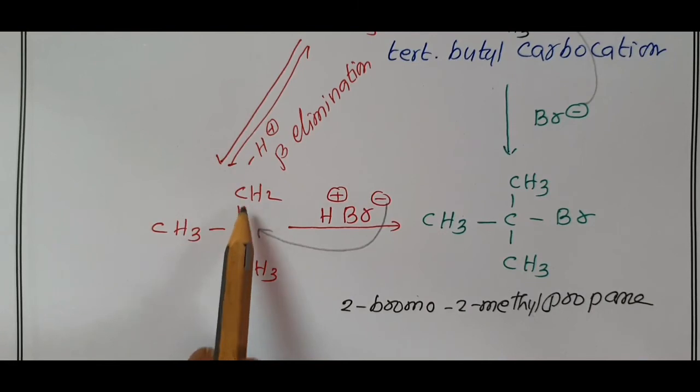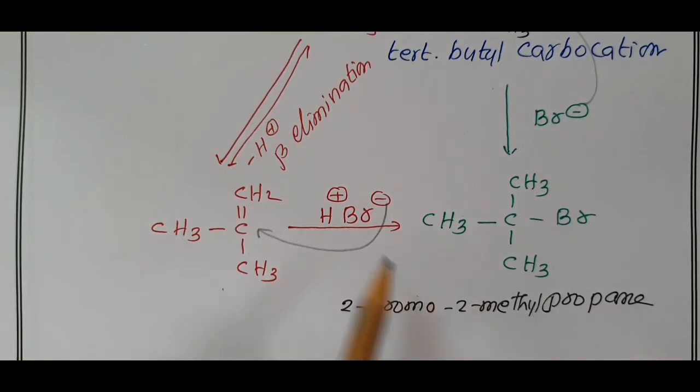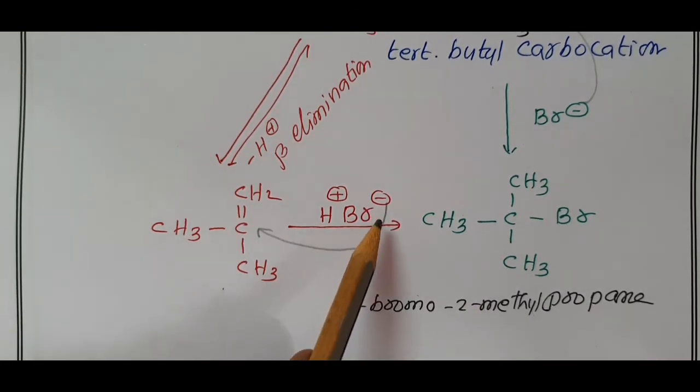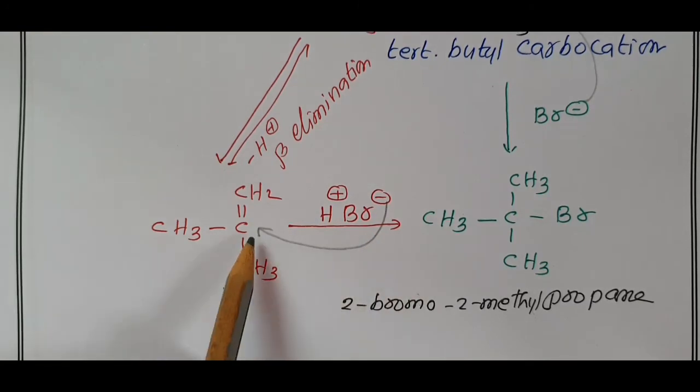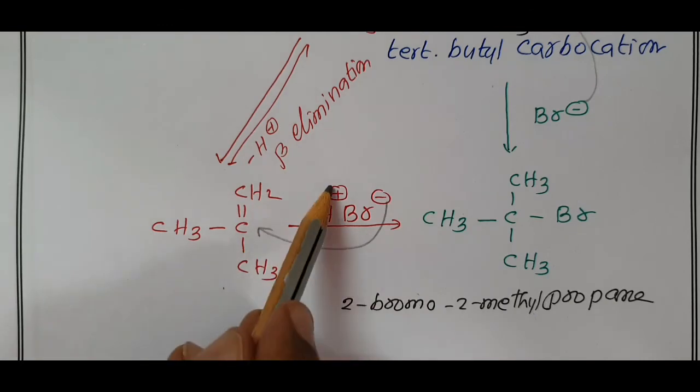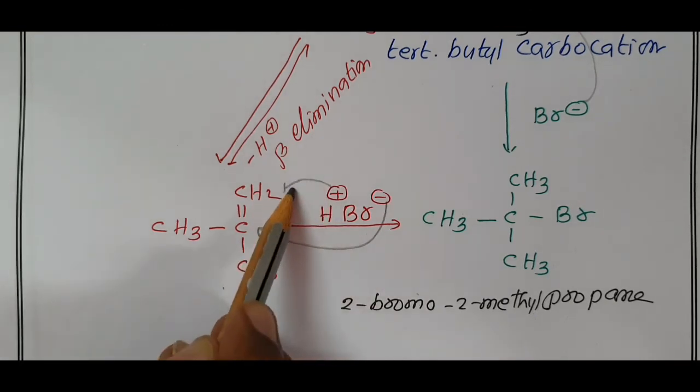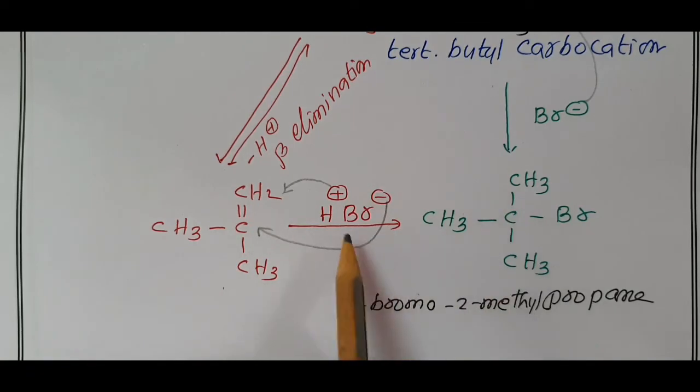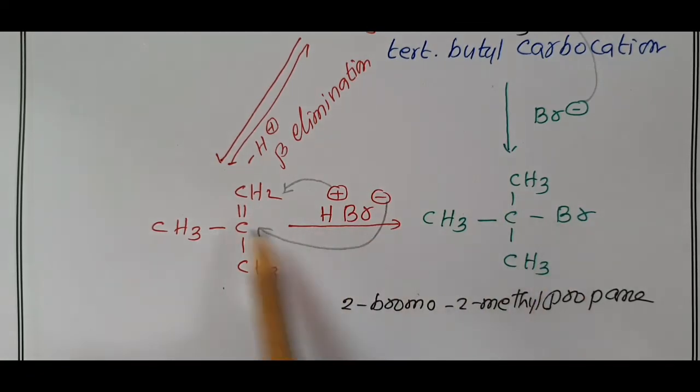In the double bonded carbons, addition reaction takes place. H plus is automatically added to the next carbon, CH2 becomes CH3, Br minus is added to the carbon. A double bond is converted into a single bond. So a similar product is formed.